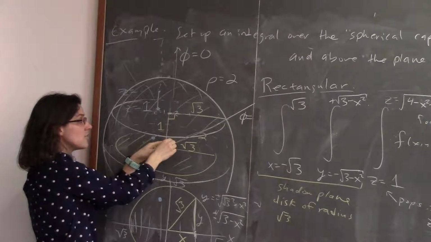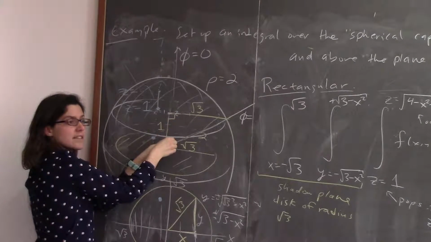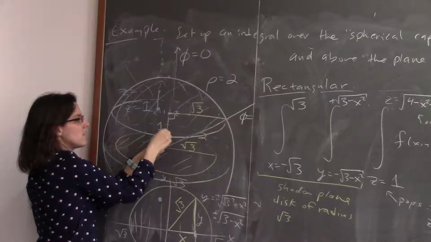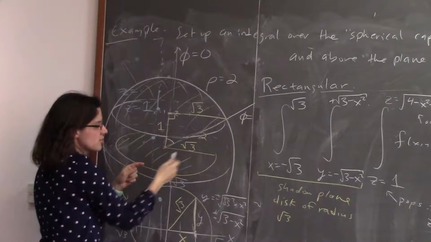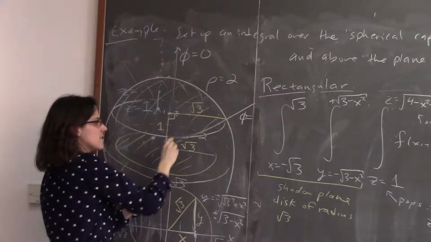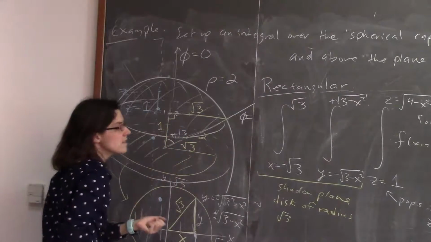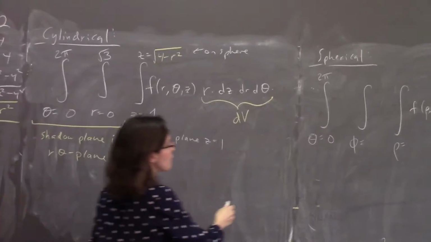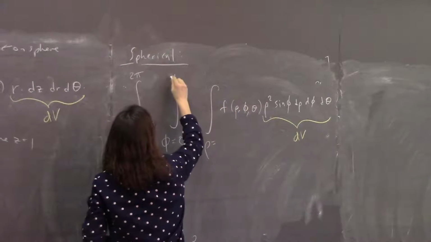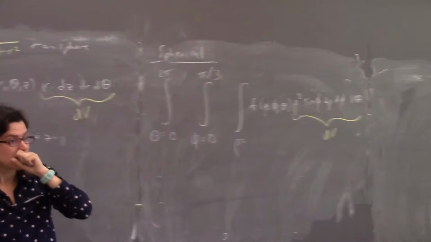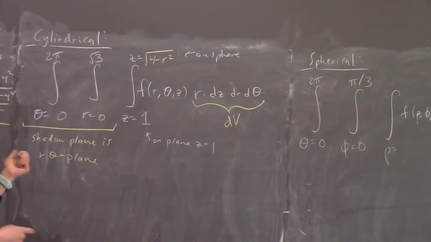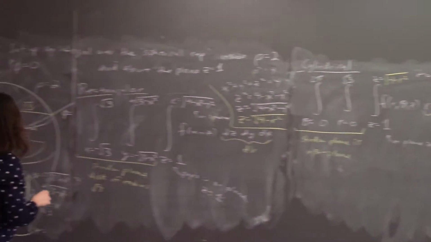Yeah, the 60. You know it's the 60 because it's opposite the bigger side, right? Root 3 is across from the bigger angle, 1 is across from the smaller angle. So this is 60 degrees, and if we're integrating in calculus, we need to put it in radians, so this is pi over 3. So phi should go from 0 up to 60 degrees, or pi over 3, and that'll get our whole shape.